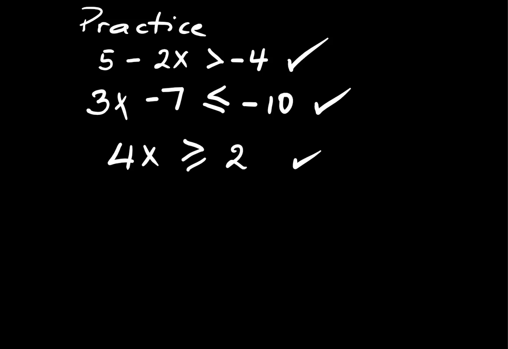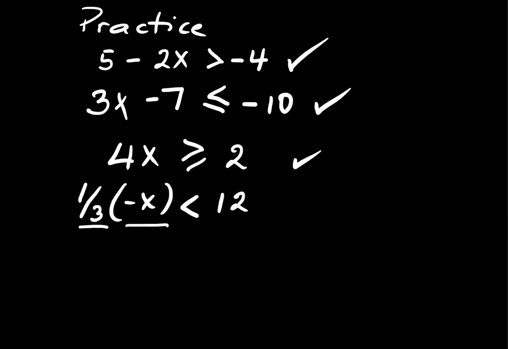Let me write something here and let's try to say it. If we try to say this one, we can say 1/3 of the opposite of a number is less than 12, correct? A number increased by 5 is less than 7.